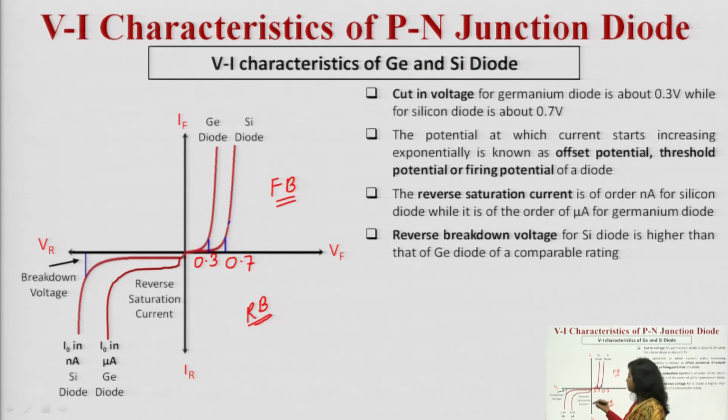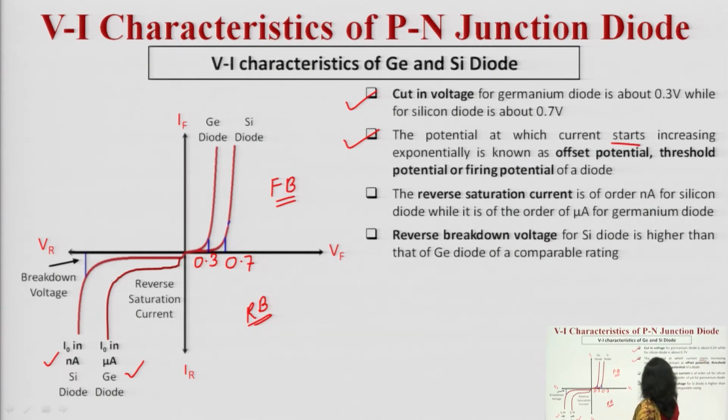Here you can see this current, which flows because of the minority charge carriers. In the case of a germanium diode, that is of the order of microamperes, and in the case of silicon it is of the order of nanoamperes. So, you can imagine how small this amount of current actually is. So, this is how you can plot. Cut-in voltage, I have told you, is the potential at which current starts increasing.